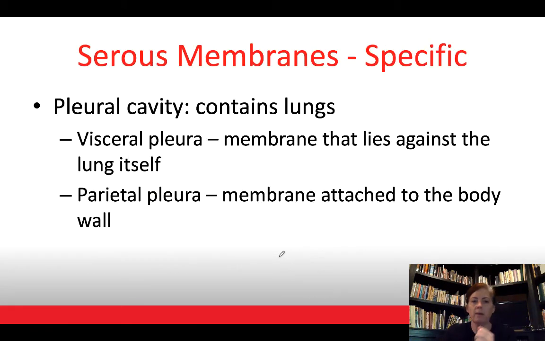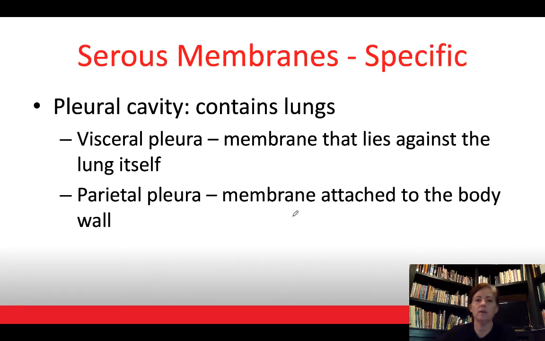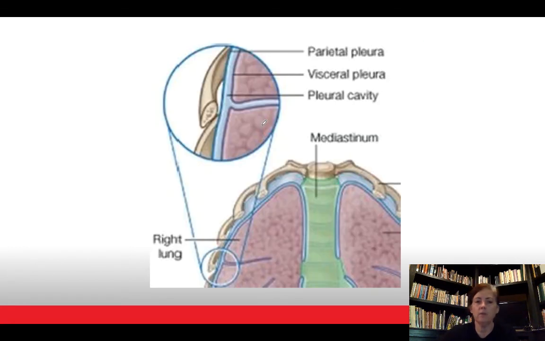So basically what happens is that we have the structure or the organ that lies within the cavity. So let's look at pleural cavities. So here's our pleural cavity, and we know that anything that says pleura means lungs. So we know that we're talking about the lungs here. And we also know that we have the pleural cavity where the lungs are sitting, right? The lungs are contained there.